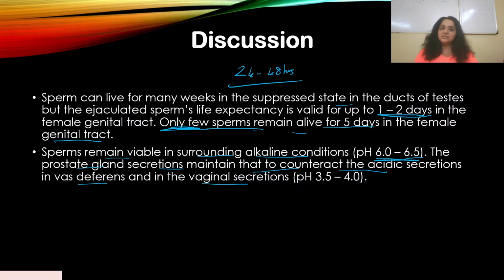And also the vaginal tract of the female is acidic by nature, around pH 3.5 to 4. So the prostate gland secretions maintain that alkalinity, because it needs the sperms to live, right? To maintain that, prostate gland has secretions which counteract the acidic secretions.